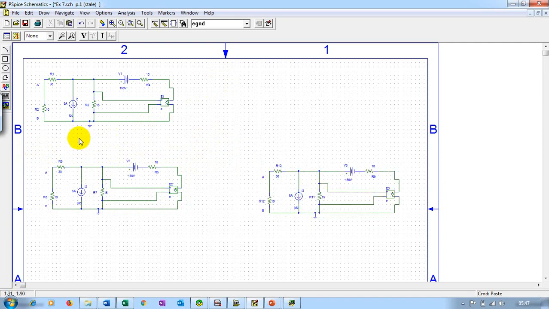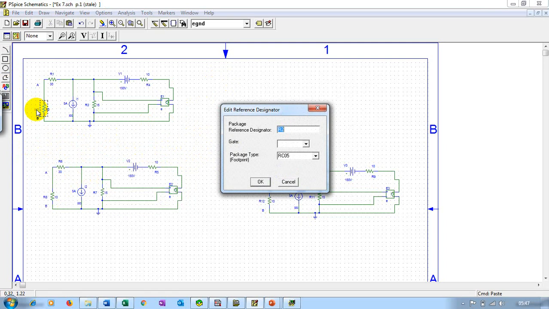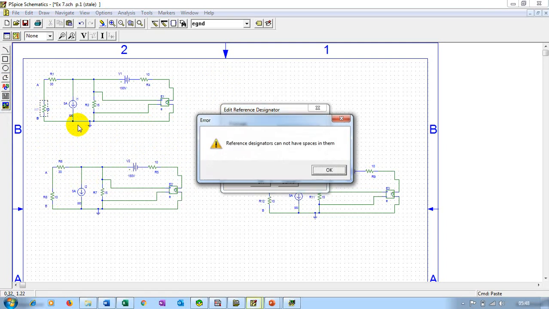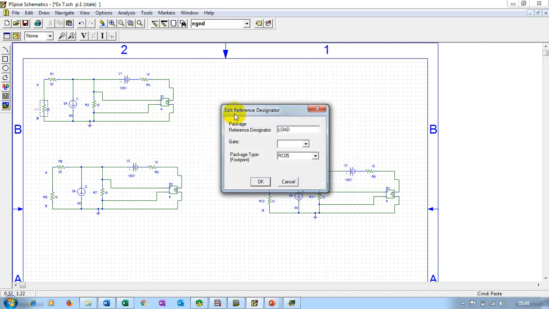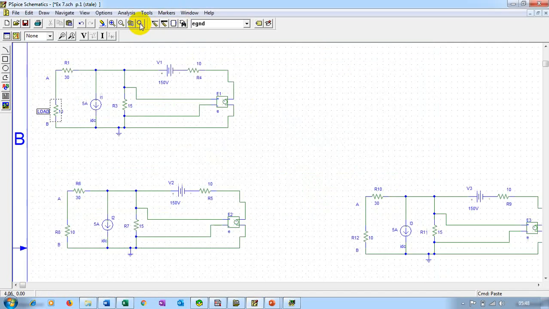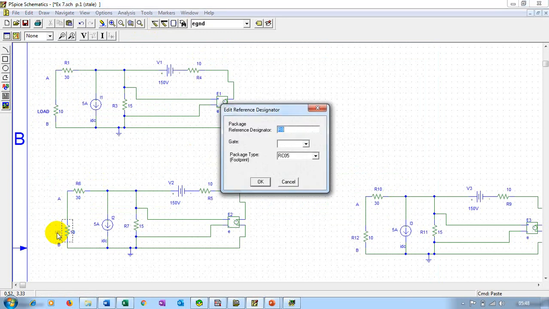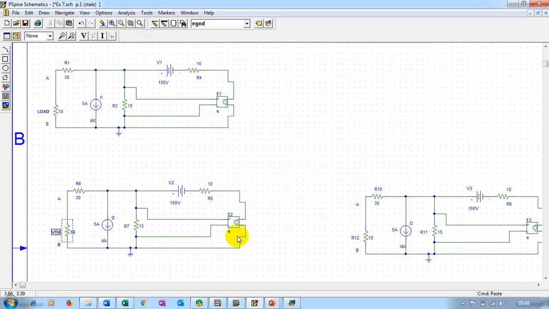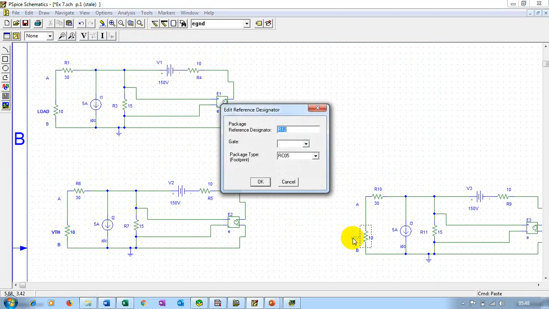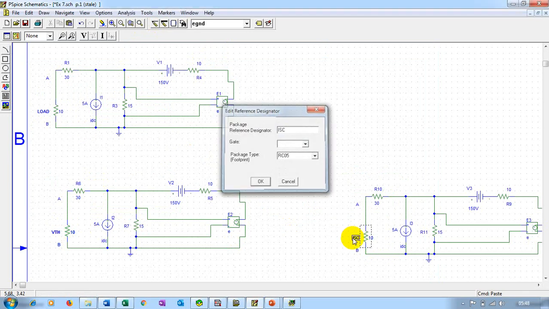Now as I do that, I'll rename this R2 as load. And in this circuit I'll find VTH, so I'll rename R8 as VTH, and this one's for ISC. I'll rename this as ISC.